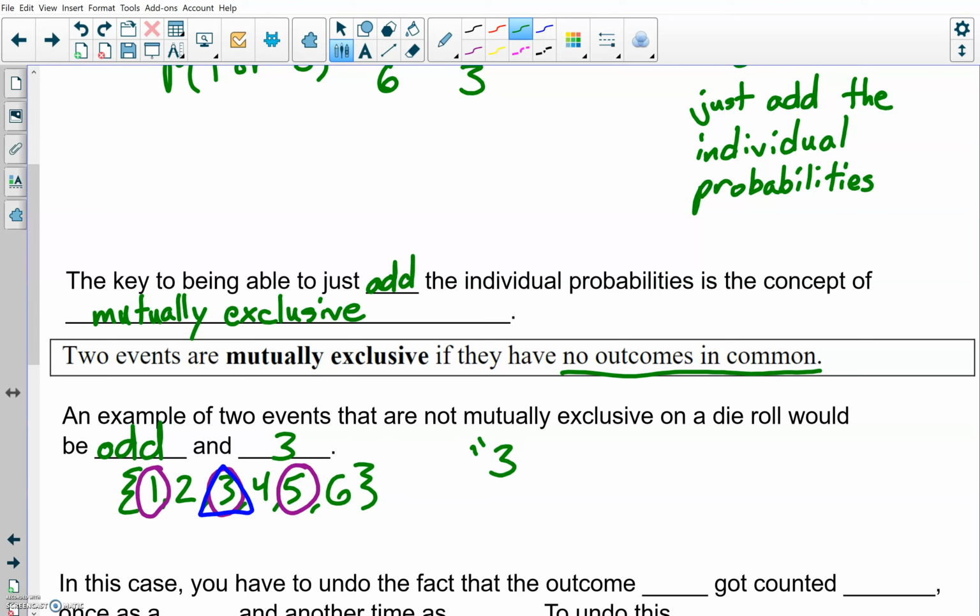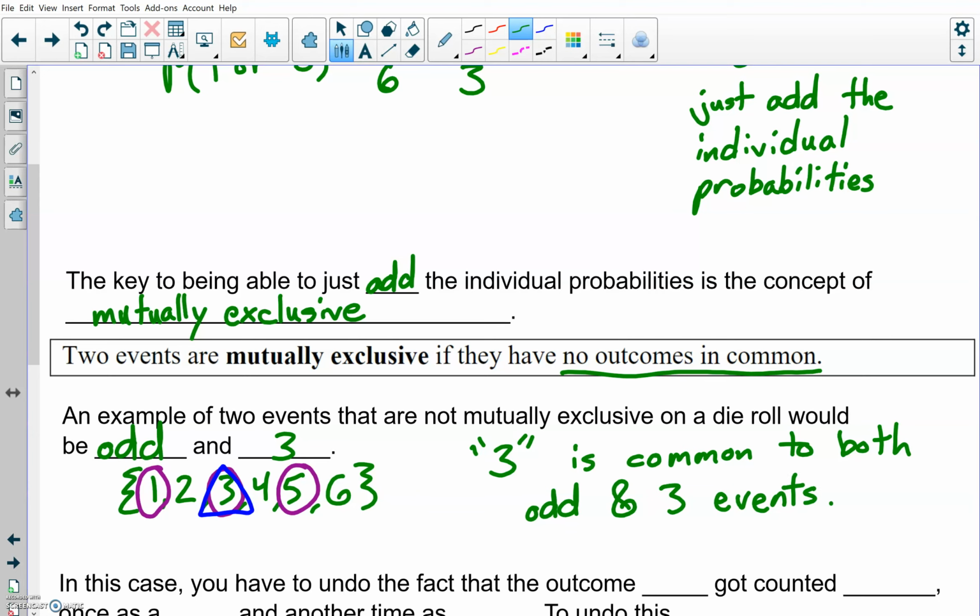So 3 is common to both odd and 3 events.